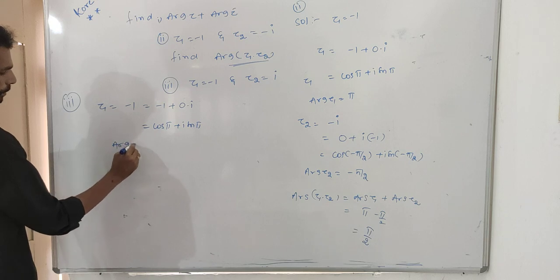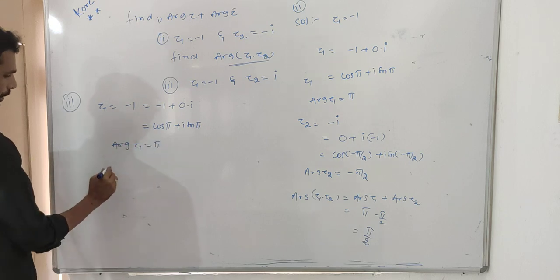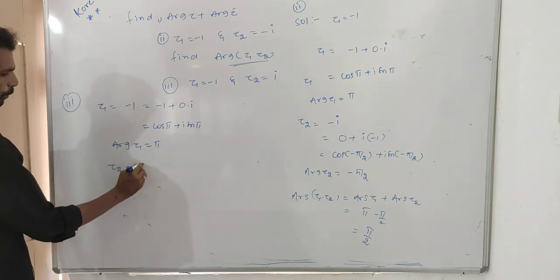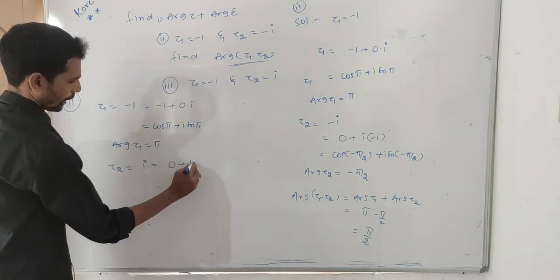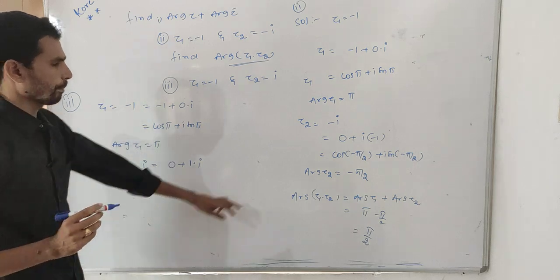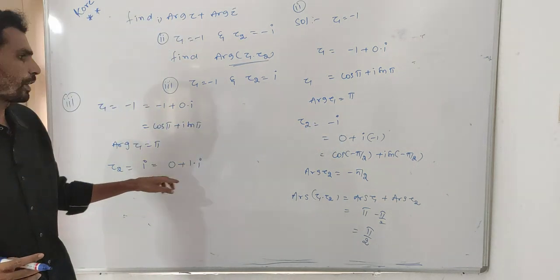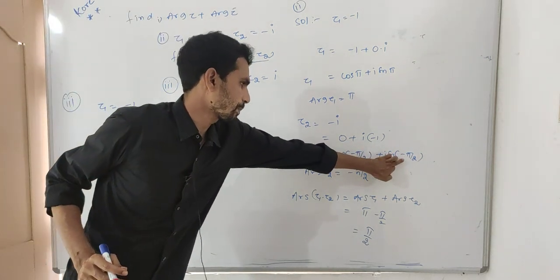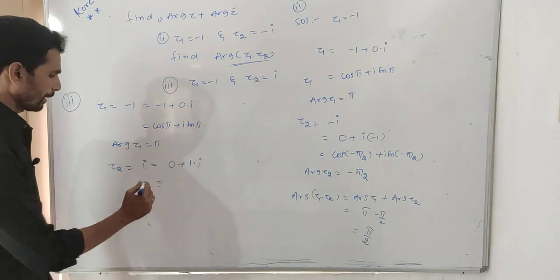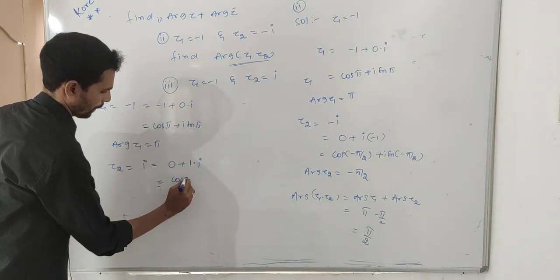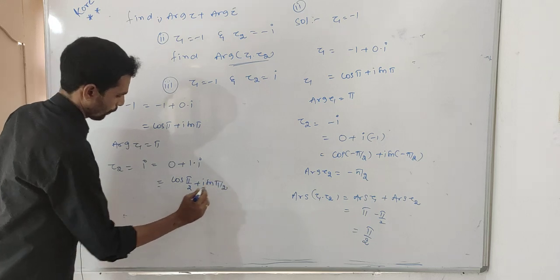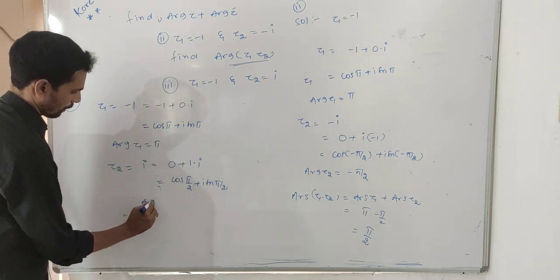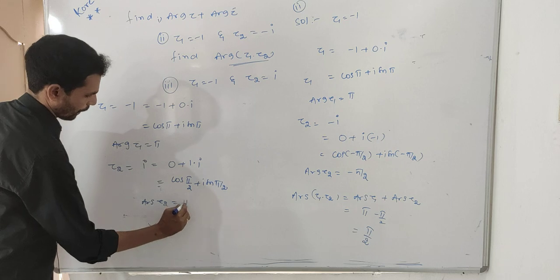Indirectly, arg Z1 is equal to pi only. But in the second one, what is given? Z2 is equal to plus I is given, that is equal to 0 plus 1 into I. Here minus I was given, here plus I is given. So indirectly, in place of minus pi by 2 it is plus pi by 2 only. Here cos pi by 2 plus I into sin pi by 2. Therefore, arg Z2 is equal to pi by 2.